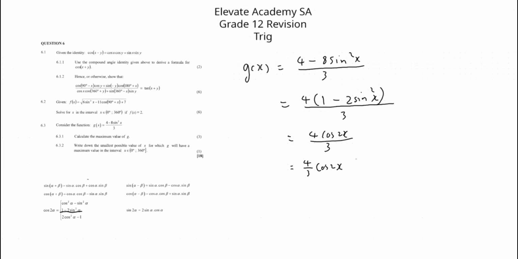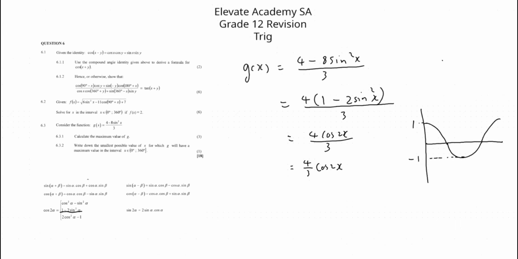Now, just like in 6.2, we need to have knowledge of our trig functions here. Let's look at a standard cos function. It looks something like that. A standard cos function will have a maximum of 1 and a minimum of negative 1. Where do we get this 1 from?